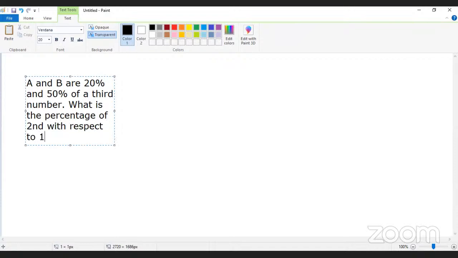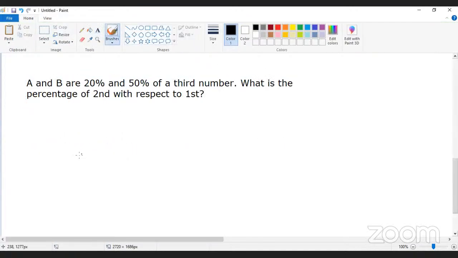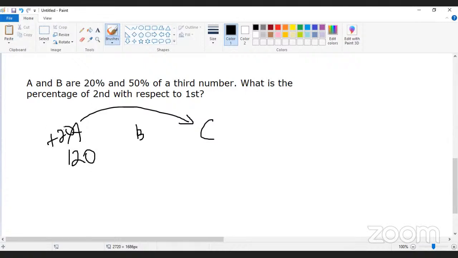Yeah, so in this question, what we'll do is we have A, B, C. So the person called A, B, and C. Comparing A to C, A is getting how much more? 120. Okay, he's getting 20 more. So plus 20, 100 plus 20.